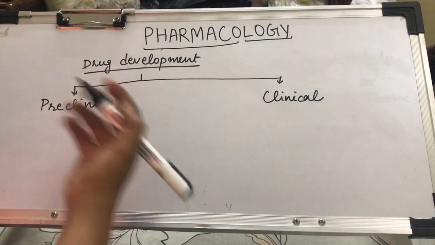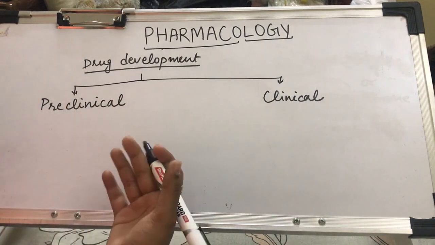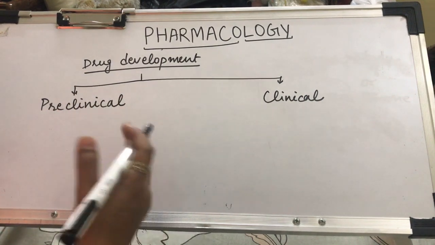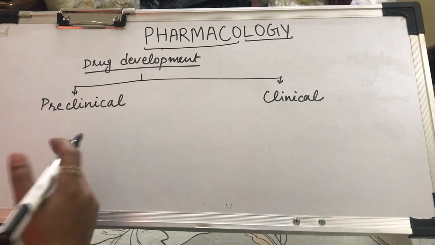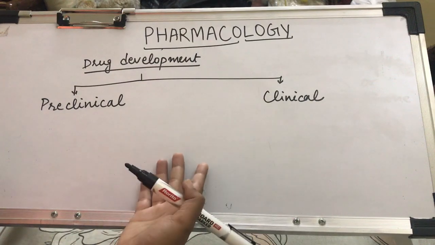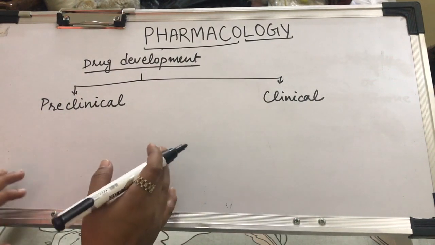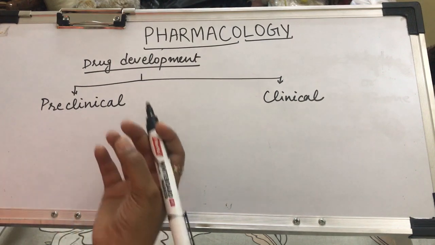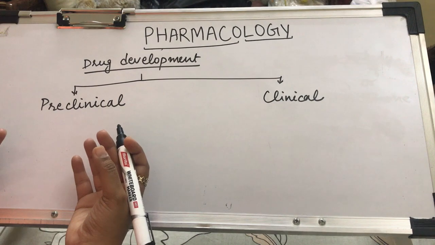So in preclinical testing, what we are going to do is check the drug for its biological effects. Initially, biochemical and physiological investigations are done, the receptor binding assays are done, and then experiments on cell cultures or isolated organs are done.